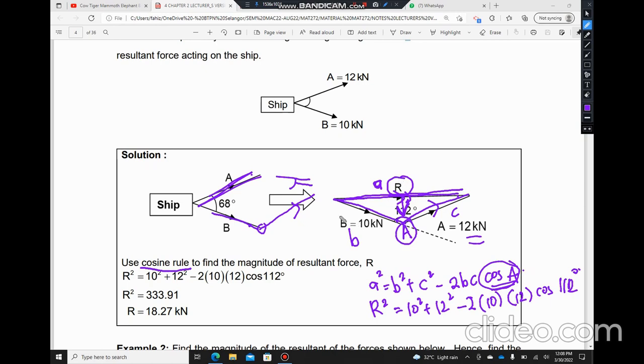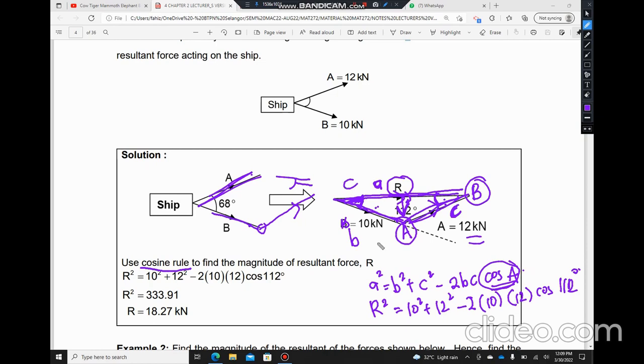Kalau kat sini B, kat sini B kan. Okay, B. Yang ni panjang B. So yang angle yang bertentangan dengan panjang B ni. Okay, so angle kat sini kita tandakan dengan angle B. Okay, then sama juga kat sini, katakan kita letak C, panjang ni C. So angle yang bertentangan dekat sini, so angle ni adalah angle C.